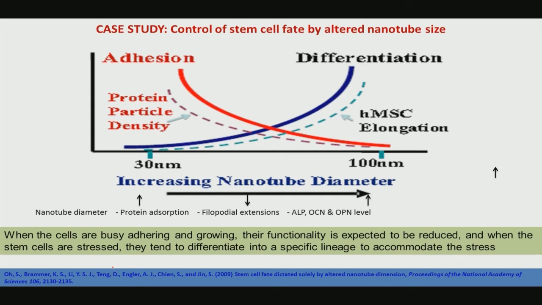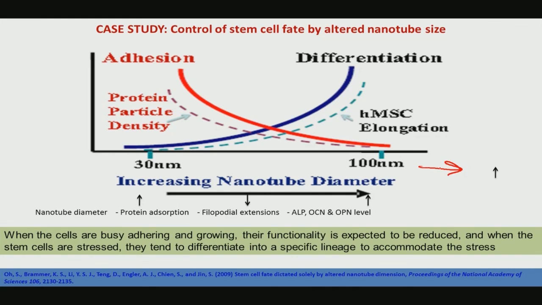This schematic plot is essentially a qualitative description of how stem cell adhesion and differentiation vary as you change the titanium oxide nanotube diameter along the x axis.